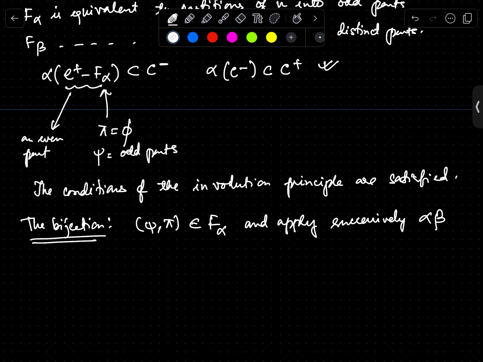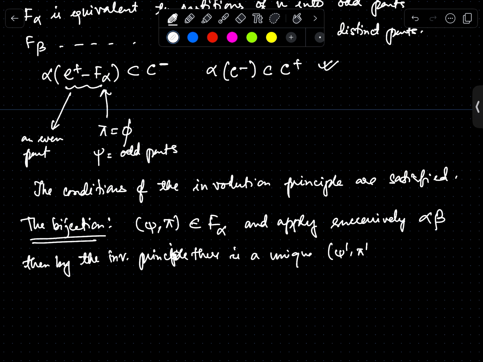So you apply alpha, then beta, alpha, then beta, alpha, then beta, and so on. Then by the involution principle, there is a unique psi prime and pi prime in F beta that must lie in this cycle. Okay?